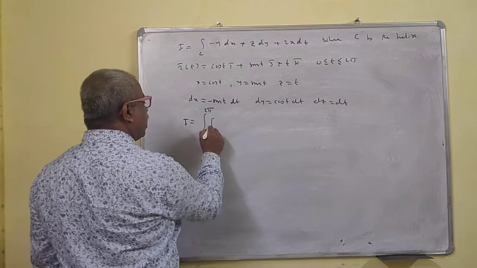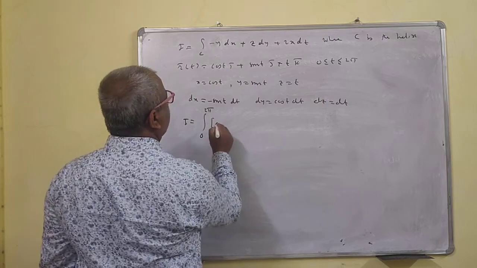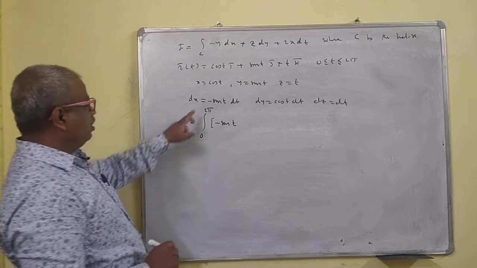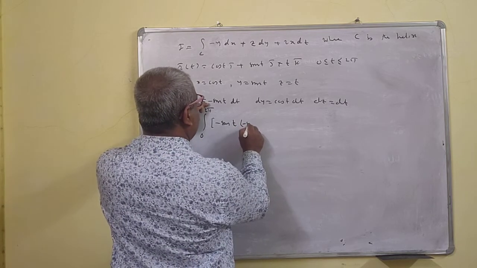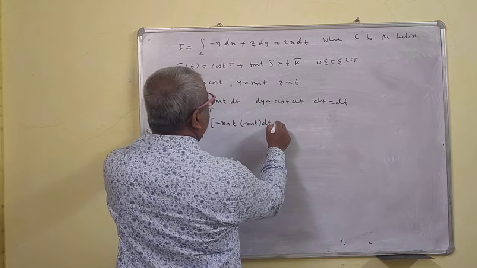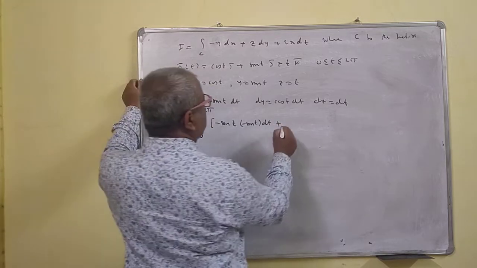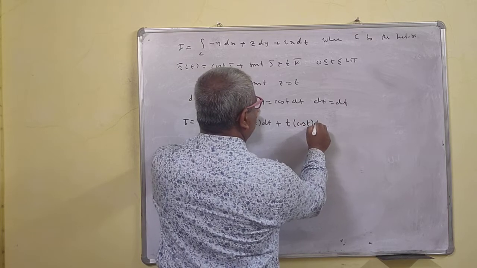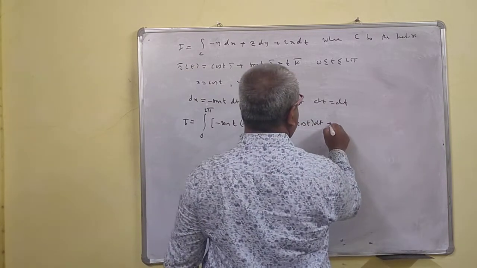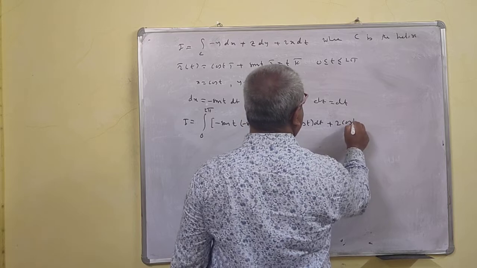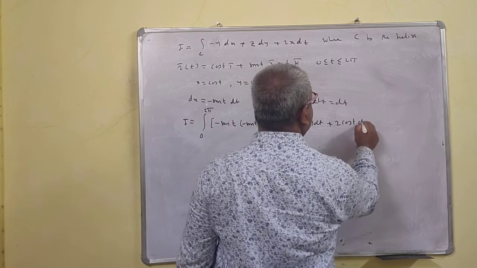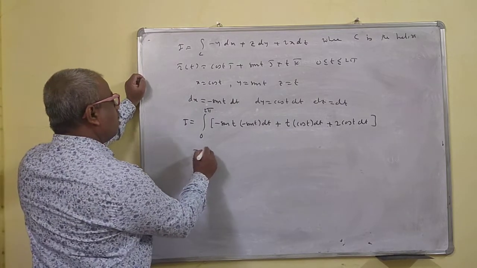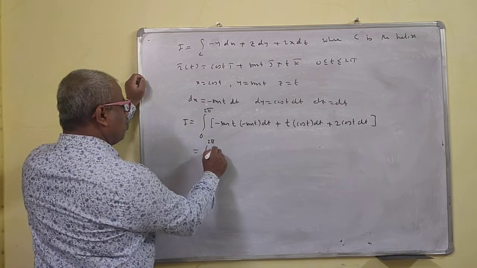So I write in brackets: minus y, that is minus sin t, times dx, which is minus sin t dt, plus z, which is t, times dy, which is cos t dt, plus twice x, x is cos t, times dz, which is dt. I will take dt common, from 0 to 2 pi.